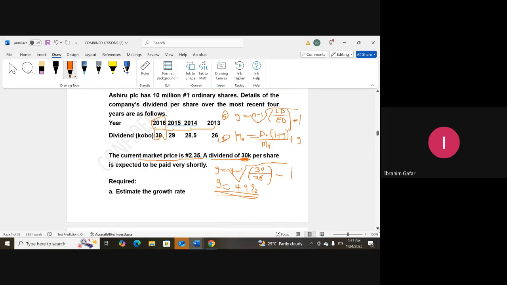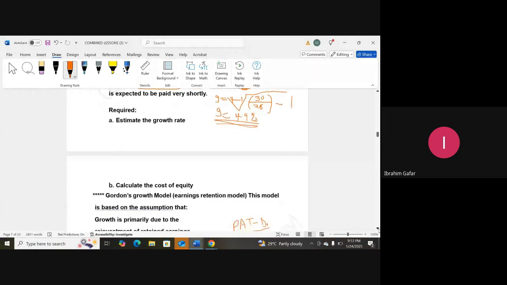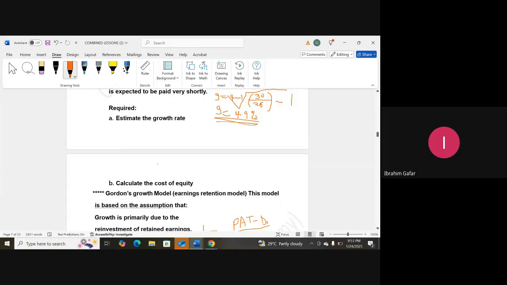Then I will now move to cost of equity. So the cost of equity now becomes, what is our dividend, the most recent dividend? That's the current dividend, 30 kobo, right?